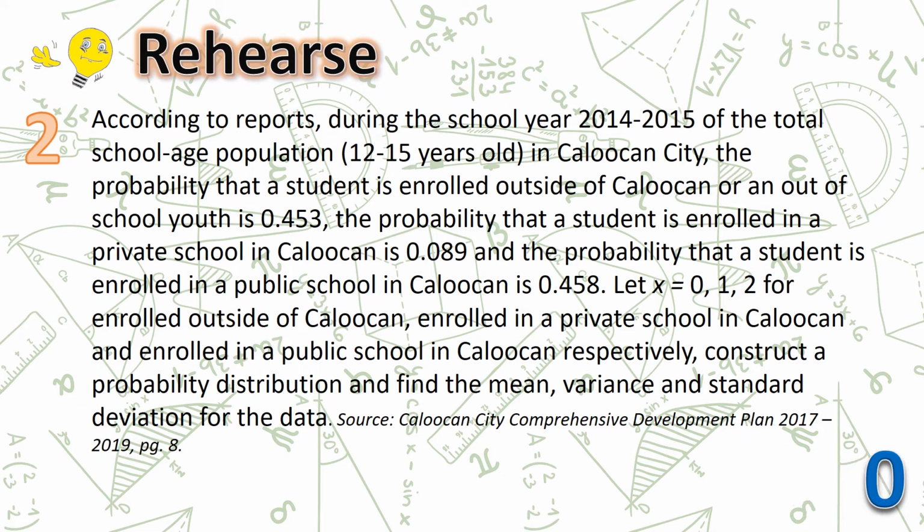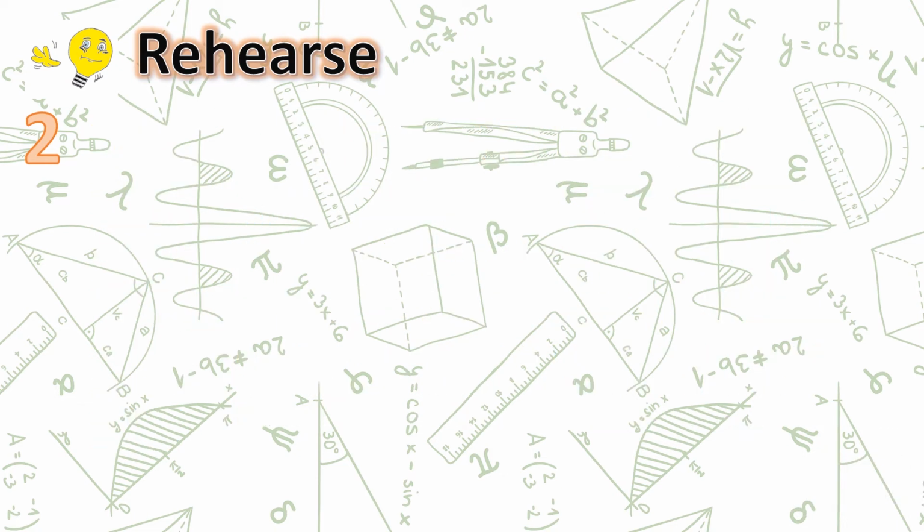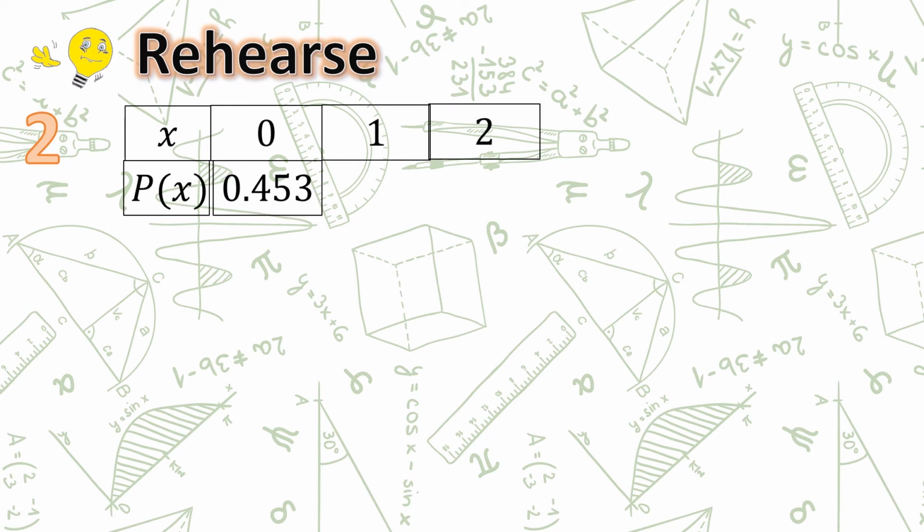Time is up. Let us construct the probability distribution for this data. So we have x, the given values are 0, 1, and 2, and then the corresponding probabilities are 0.453, 0.089, and 0.458.